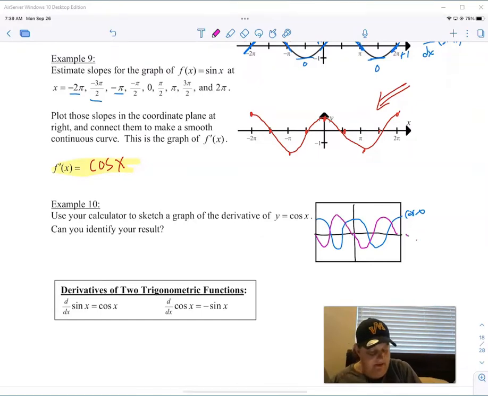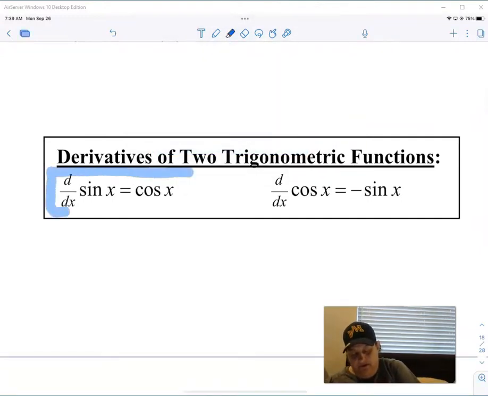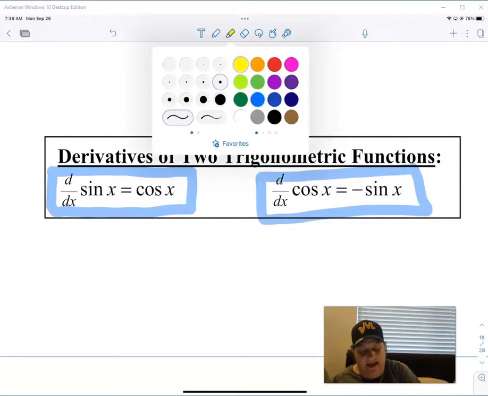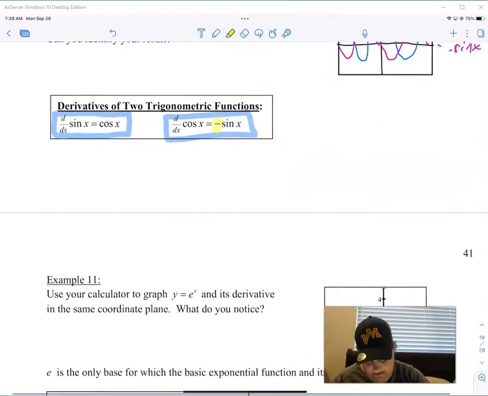The derivative was negative sine. Okay? So check this out, guys. Very, very important. Put a big box around this or something, however you want to do it. Derivative of sine is cosine. The derivative of cosine is negative sine. We just have to remember that negative.